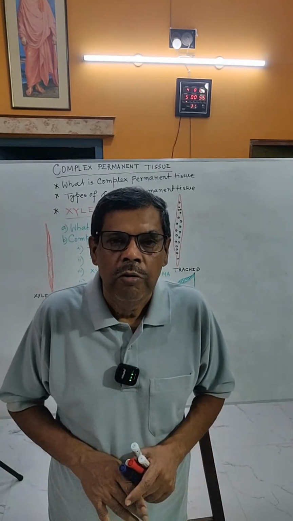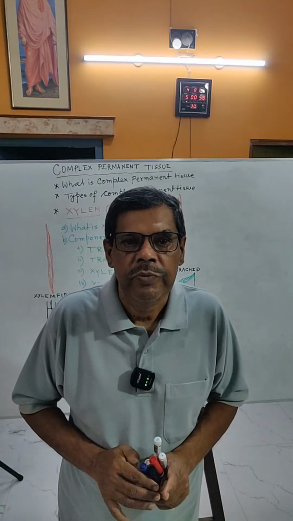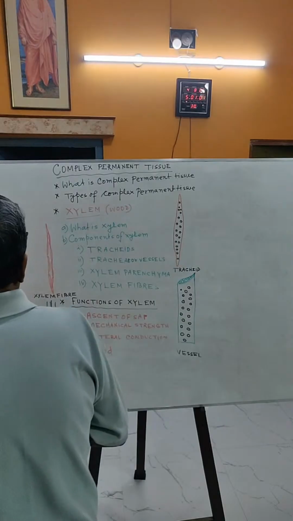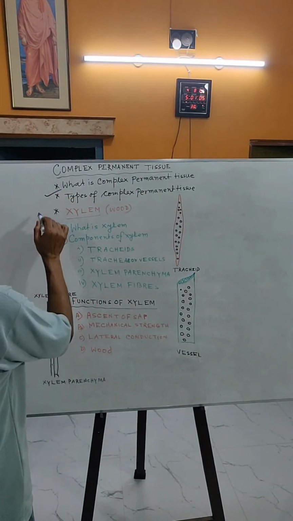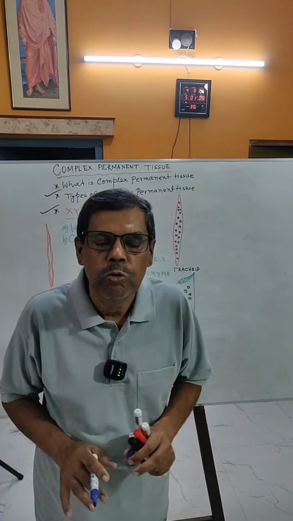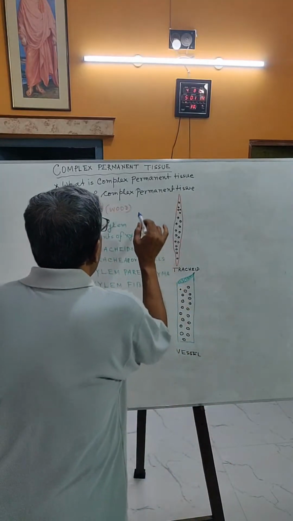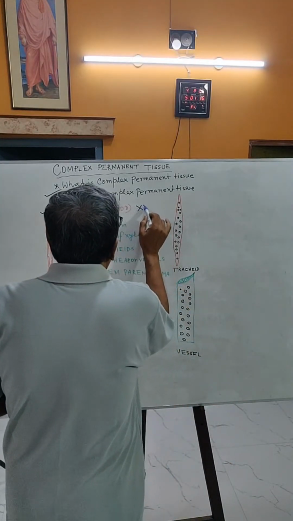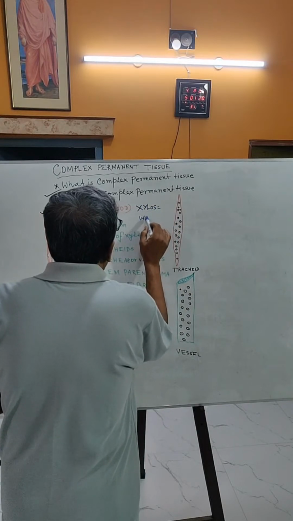Now, I will discuss the xylem, a type of complex permanent tissue. Xylem may be called the wood. Greek xylos equals wood.